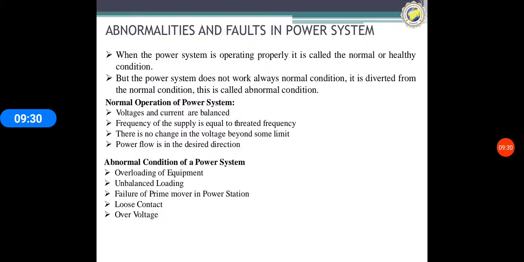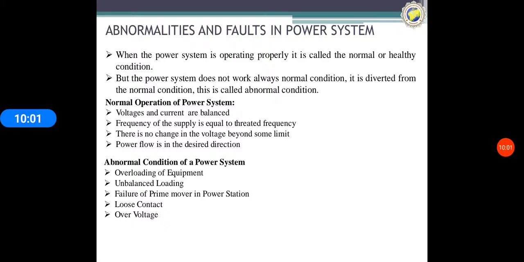The next one is that the frequency of the supply is equal to the rated frequency. It means there is very little change in frequency. In the Indian system 50 hertz is considered, so there is very little change in the rated frequency. There is no change in the voltage beyond some limit.